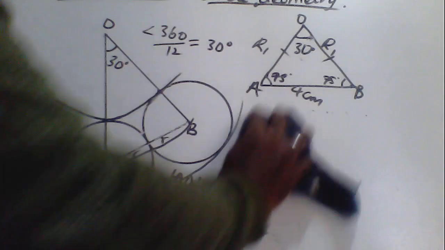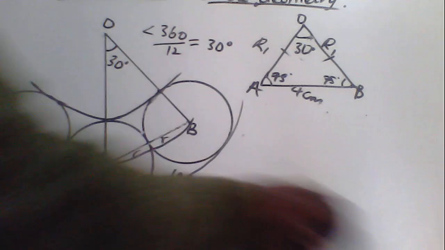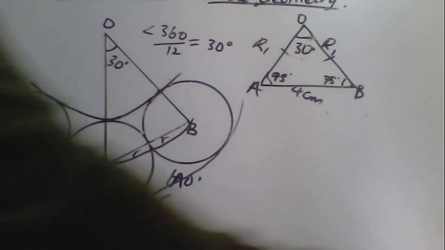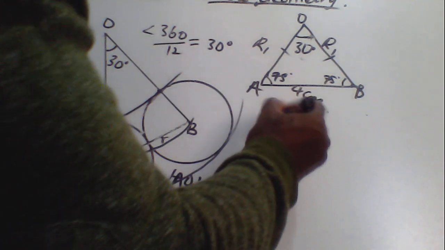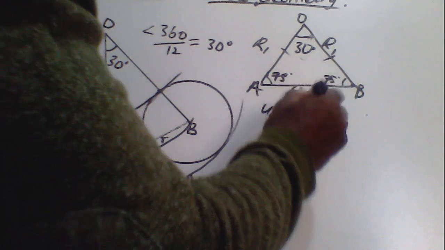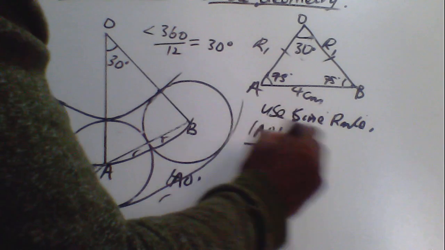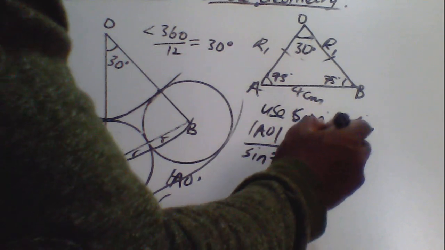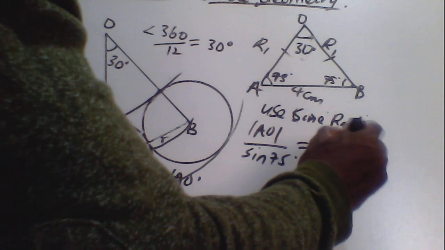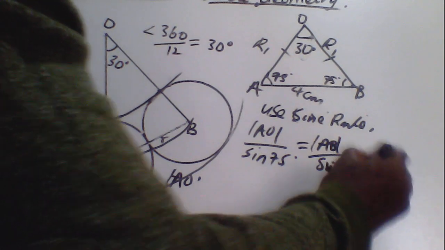Now we have gotten the angles. The next thing we should do in order to find the value of R1 is to make use of the sine rule. It will be very fast to use the sine rule to find the value of R1. So by the sine rule, we have AO divided by sine 75 is equal to AB divided by sine 30.